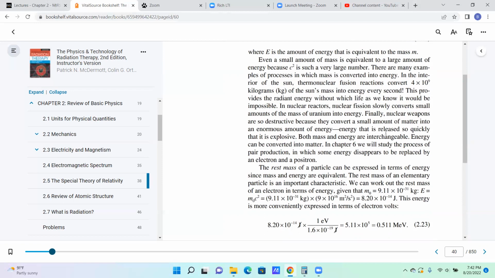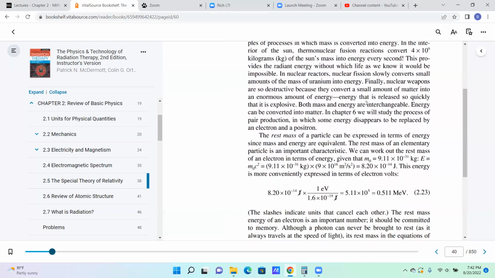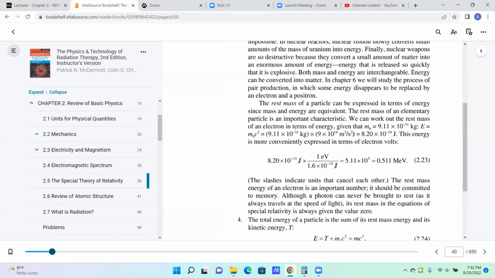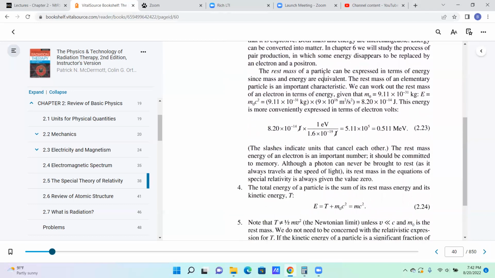In nuclear reactors, nuclear fission slowly converts small amounts of the mass of uranium into energy. Nuclear weapons I don't even really want to talk about because it's pretty depressing. But what you are seeing here is that mass and energy are interchangeable. You just got to know how to make it work out.